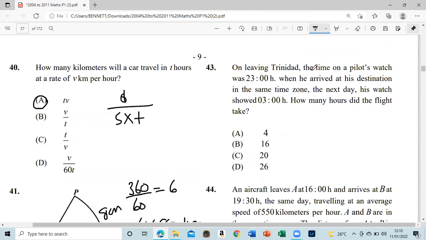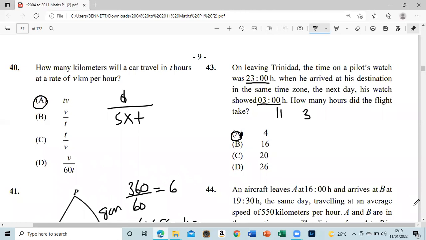43. On leaving Trinidad and Tobago, the time on a pilot's watch was 23 hours, which is the same thing as 11 o'clock. He arrives at his destination, in the same time zone, the next day at 3 o'clock. How many hours did he travel? So from 11 to 3 a.m. would be 4 hours.